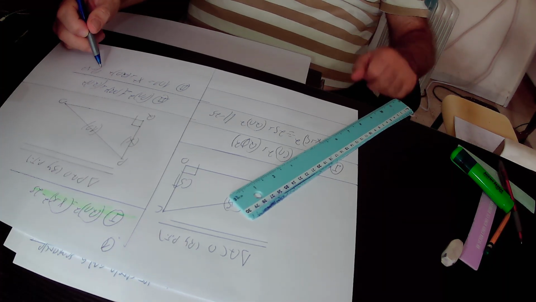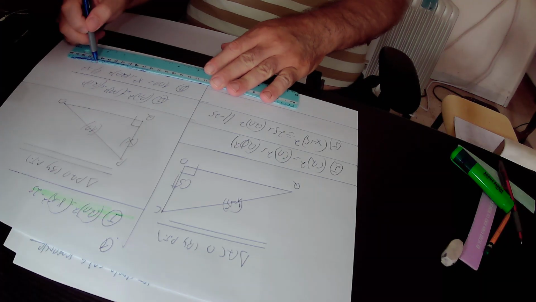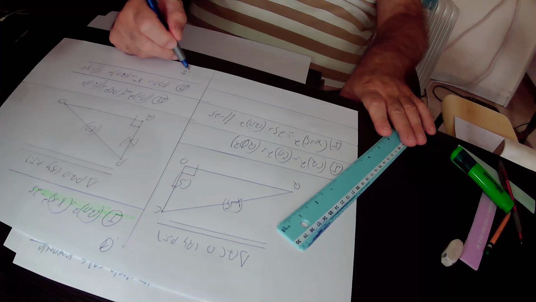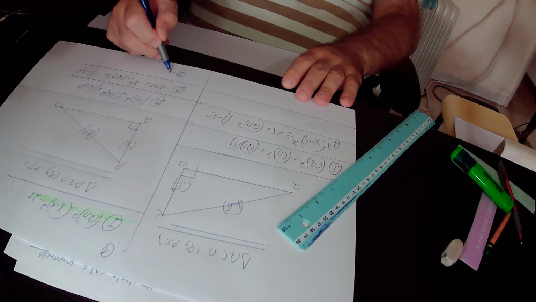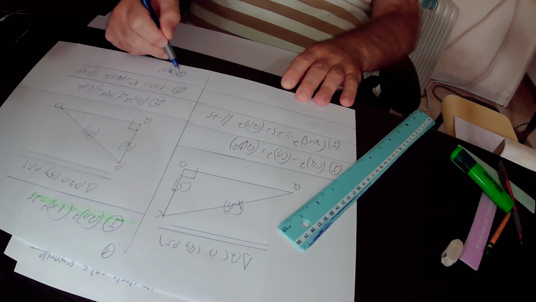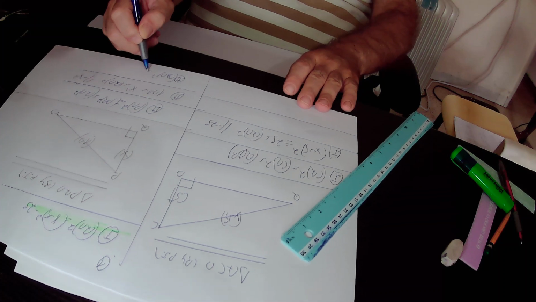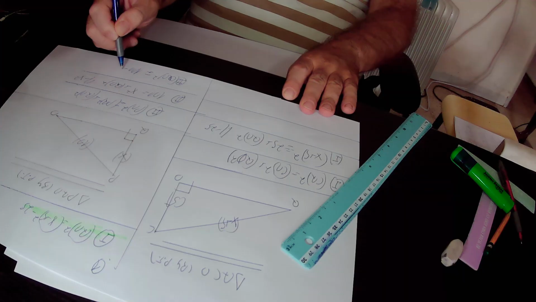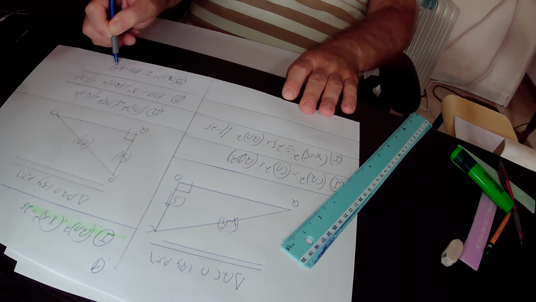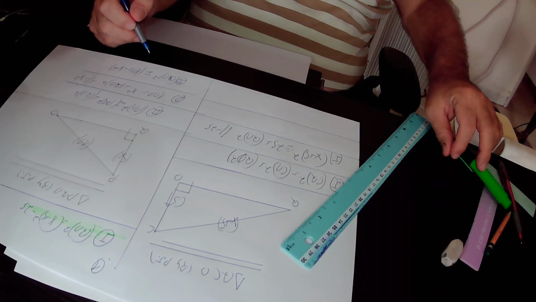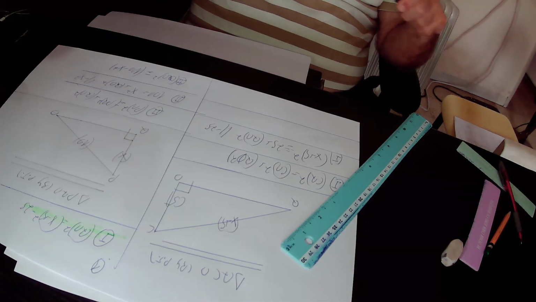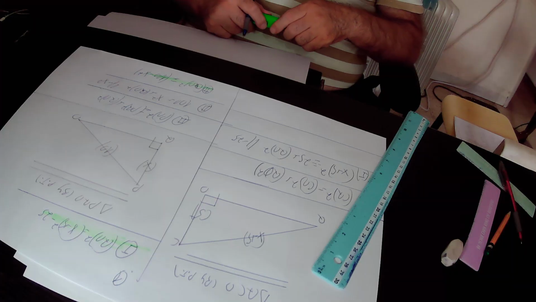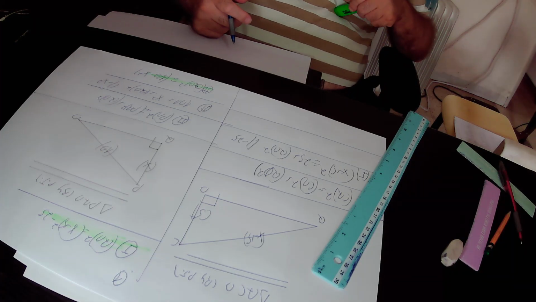Again, this goes into equation 2. QO squared equals 100 minus x squared.